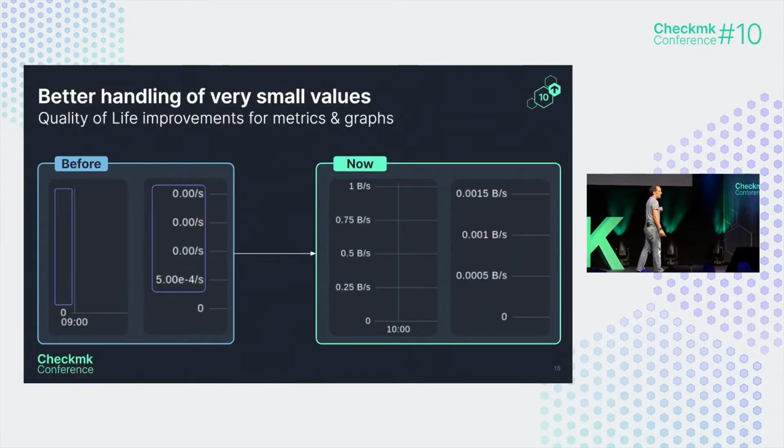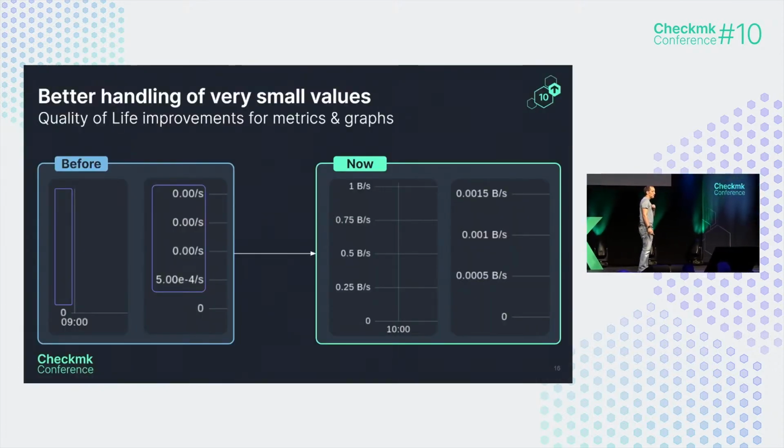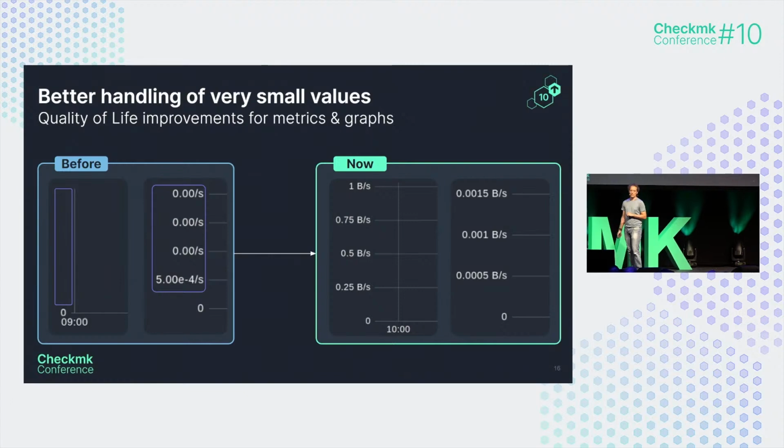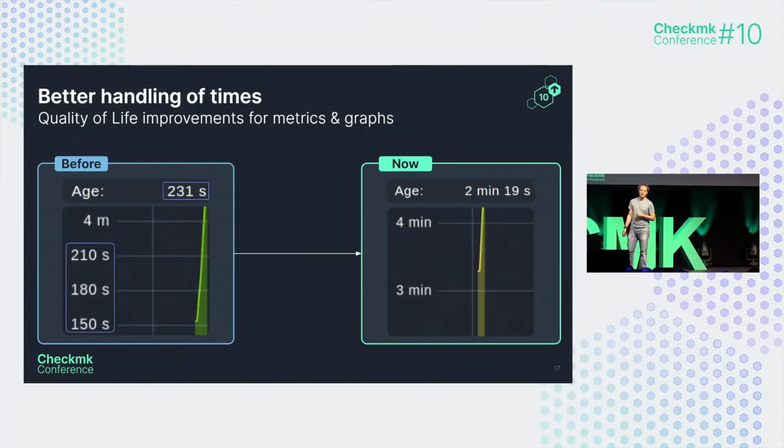And then we have small quality of life improvements that I would like to show you. So here you can see that the axis on the left before was maybe a little bit too cleaned up even, and we managed to make some more sensible values here. This is what Martin already told you about. Another example where we now have proper units, proper in the sense that it's the same unit on the y-axis.